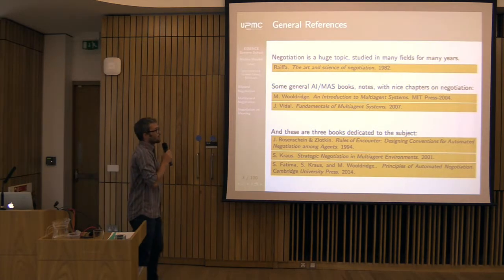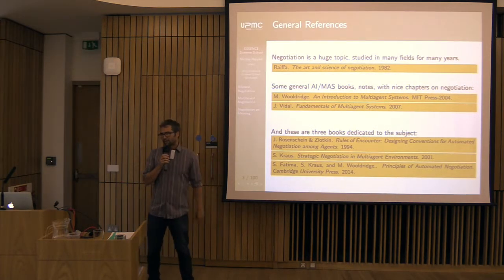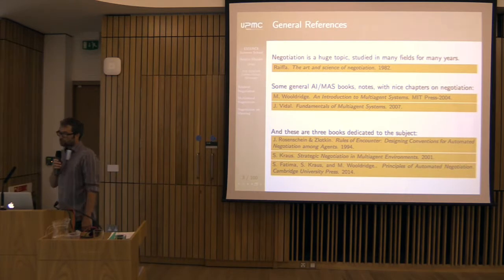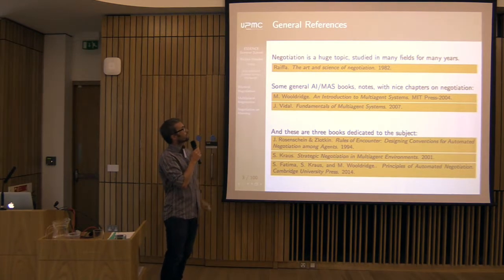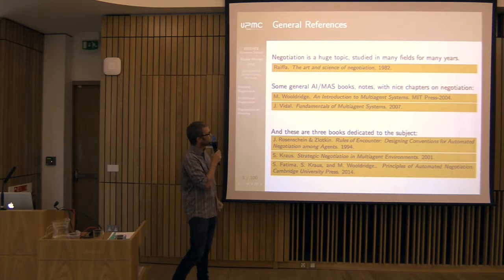So first of all, negotiation, you have to know that it's a very huge topic, of course, studied in many fields for many years. One good starting book is the book of Raiffa, The Art and Science of Negotiation, in the 80s.